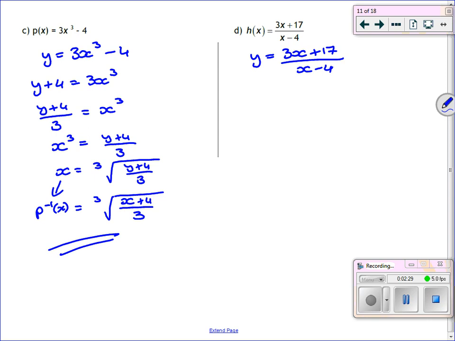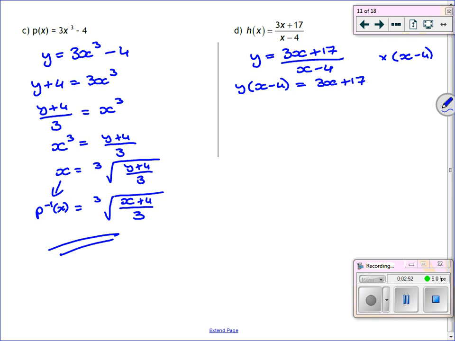Okay, so I want to get rid of the fraction. So what I'm going to do here is multiply both sides by x minus 4. So I get y bracket x minus 4 is equal to 3x plus 17.